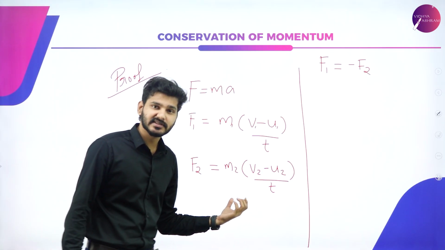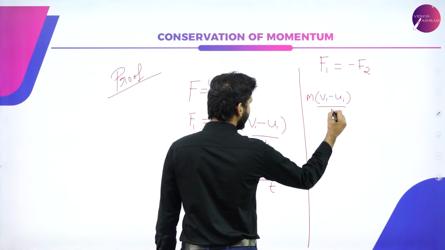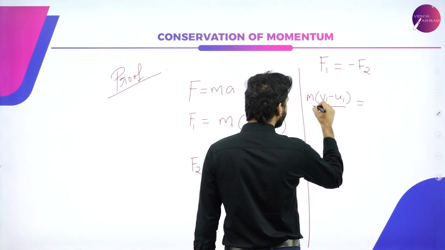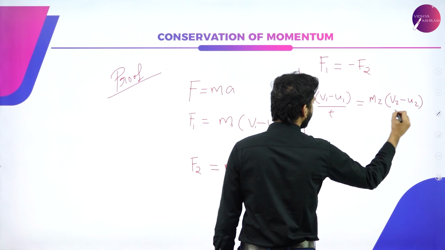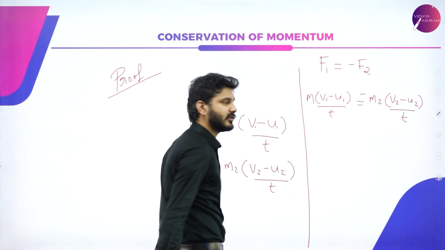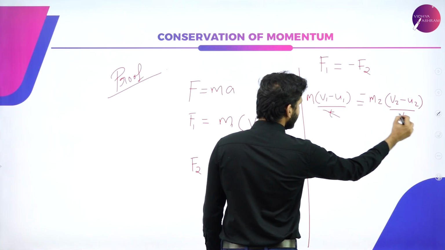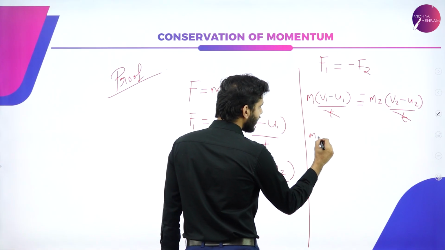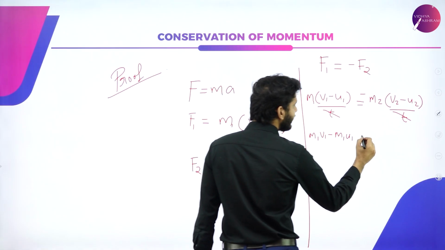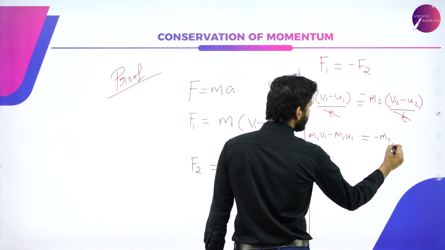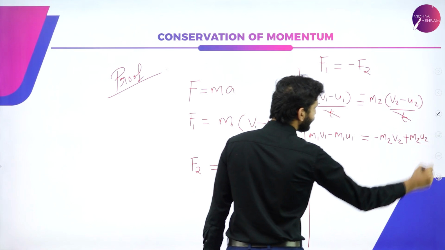So then I can say that m1(v1 minus u1) divided by t will be equal to minus m2(v2 minus u2) divided by t. Opening these brackets and cancelling out the similar quantities, t and t will get cancelled. So m1v1 minus m1u1 will be equal to minus m2v2 plus m2u2.